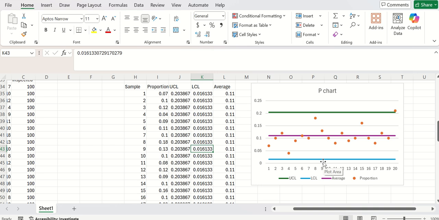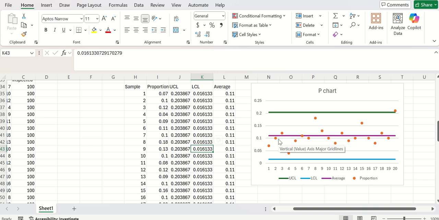I didn't mention it before, but I should have, but there is a concept that we refer to as bias. A bias would be any time where we have more data points below the mean or more data points above the mean. So it's important for us to look at the bias. We have 1, 2, 3, 4, 5, 6, 7, 8, 9, 10, 11, and 12 that are below and one that's on it.